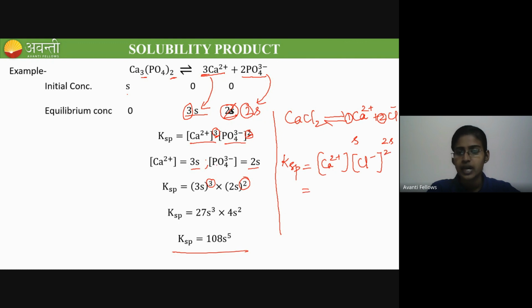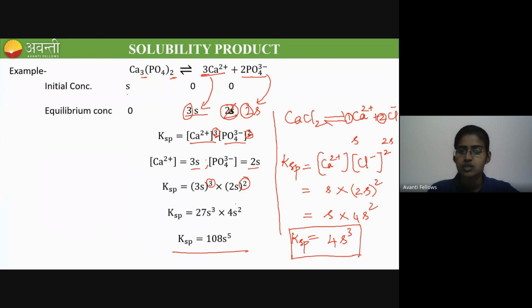The calcium concentration is S and Cl is 2S power 2. So it is S into 2 square, which is 4S square. So the answer is 4S power 3. This is the KSP value for calcium chloride. Is this clear for all?